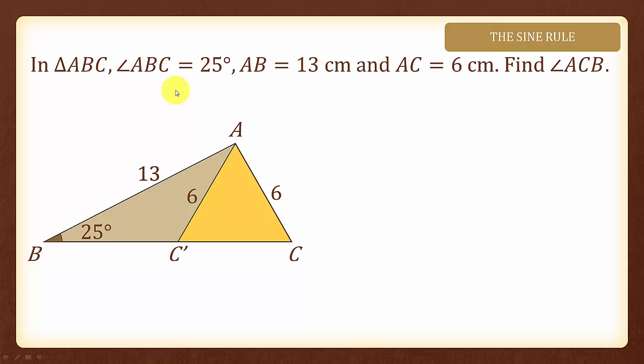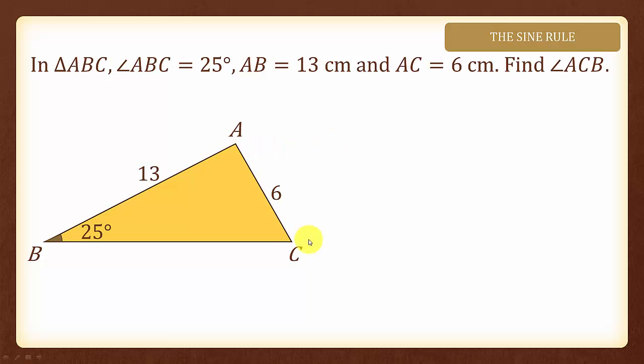Now, to find angle ACB, we will solve it as per normal. Let's start off by looking at the first triangle ABC. You notice that we have a given angle here and the given opposite length. Likewise, to find angle ACB, we are also given its opposite length. And hence, we can use the sine rule.